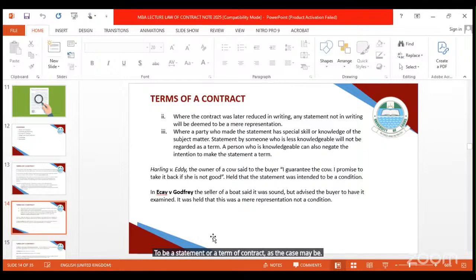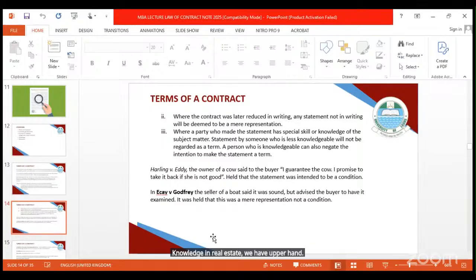And the third one is the knowledge and capacity of the parties over the subject matter. So if the subject matter is about real estate, you see that people that have knowledge in real estate will have the upper hand.